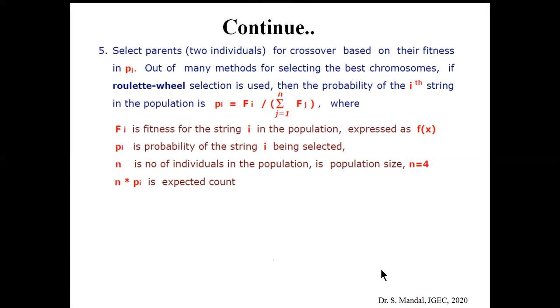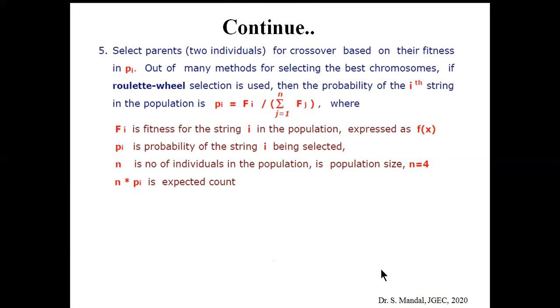Where fi is the fitness for the current ith population, and pi is the probability of string i or population i being selected, and n is the total number of individuals in the population. Here n equal to 4.